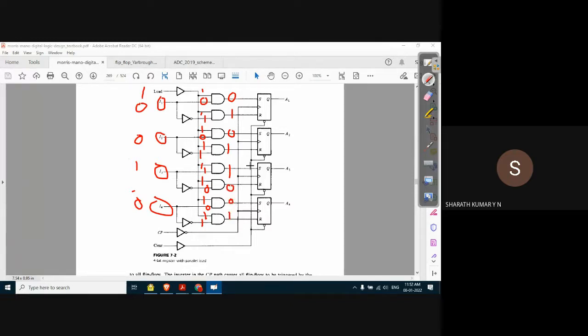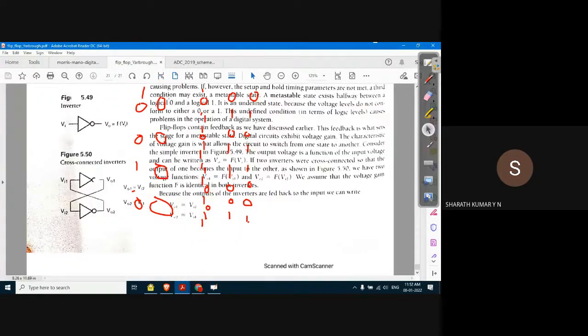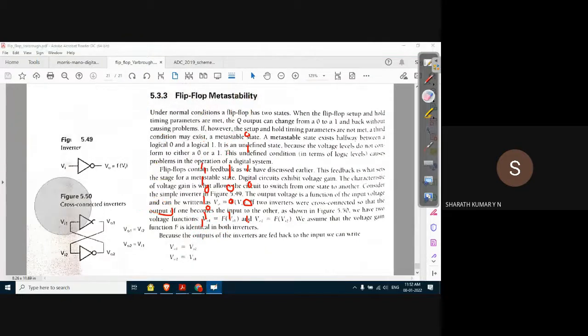Look at the input for the SR flip flop. The SR flip flop inputs are 0, 1, 0, 1, 1, 0, 0, 1. What is the output of the SR flip flop? When you say SR, there are two types of SR flip flop. We should not forget this. The logic symbol is shown here.